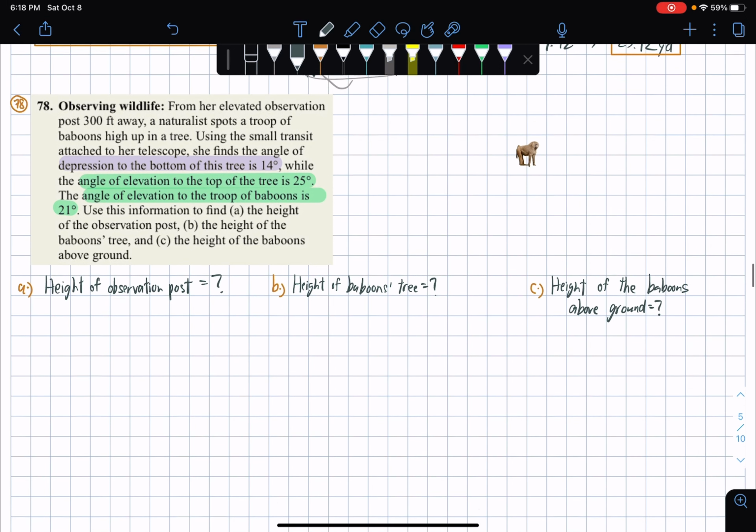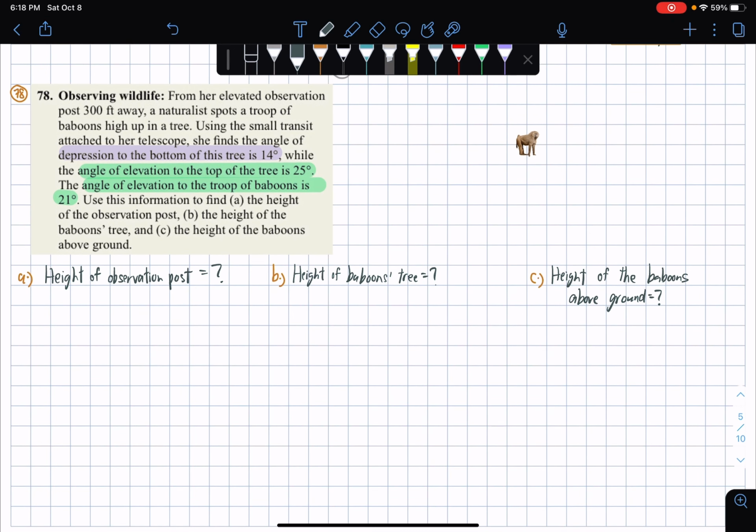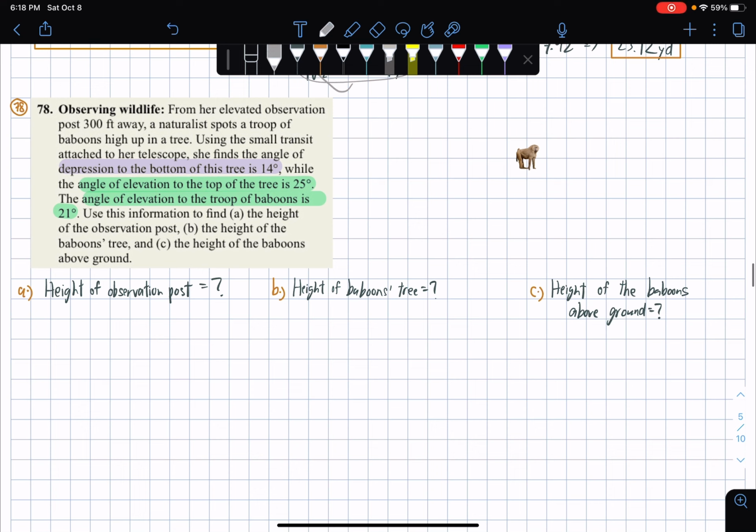let's continue. Observing wildlife. So from her elevated observation, let's draw an observation tower here. Just imagine that this rectangle represents the elevated observation, and this is the girl. So 300 feet away from which object? A tree.